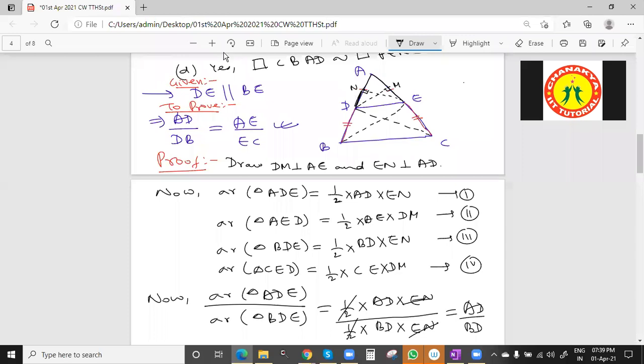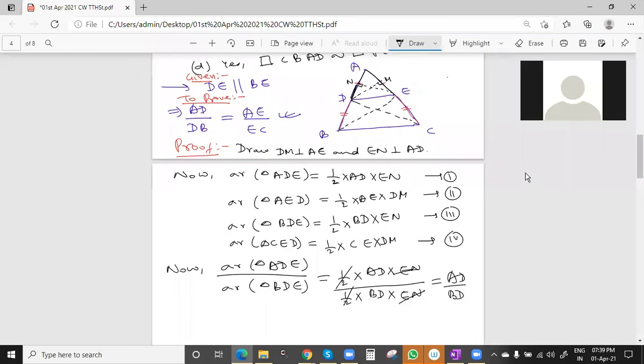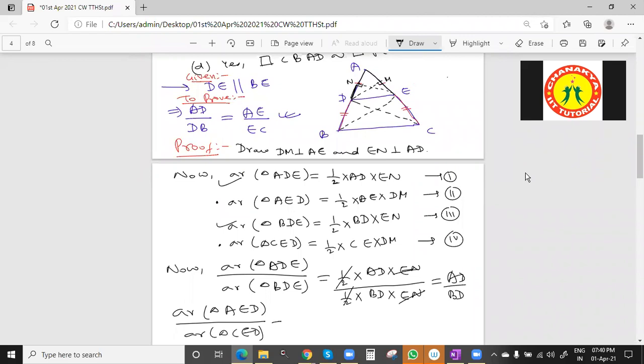And then again we will take areas; basically equations 1 and 3 we have taken. Now we will take the second one and this one, AE and CE. So area of triangle AED by area of triangle CED: half into AE as base, and the perpendicular on this base will be DM.